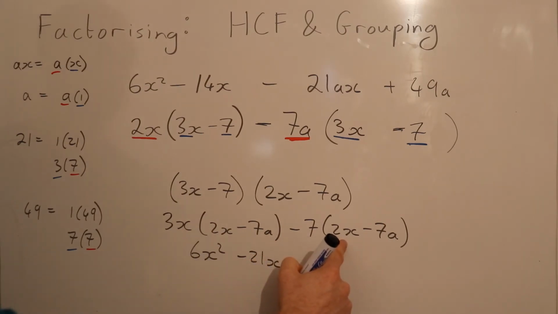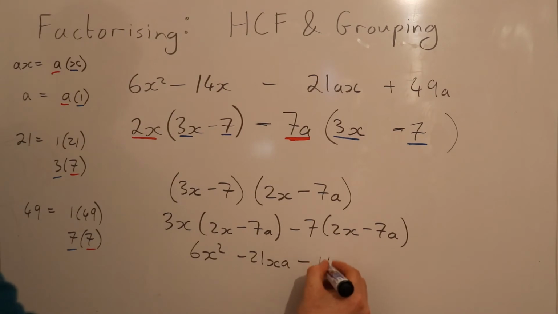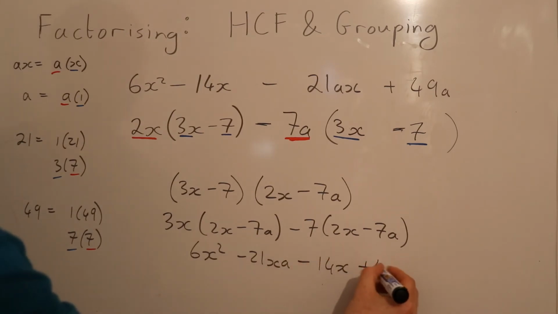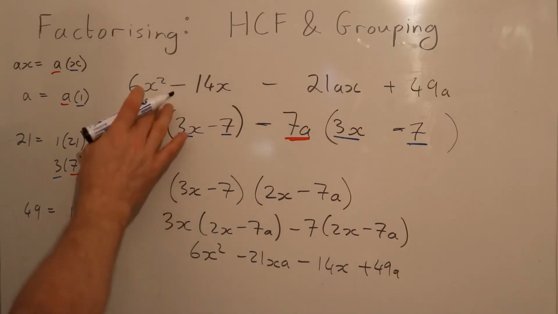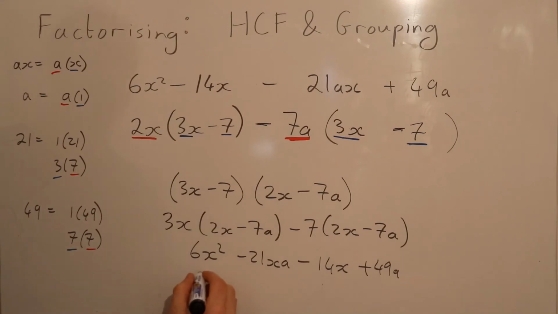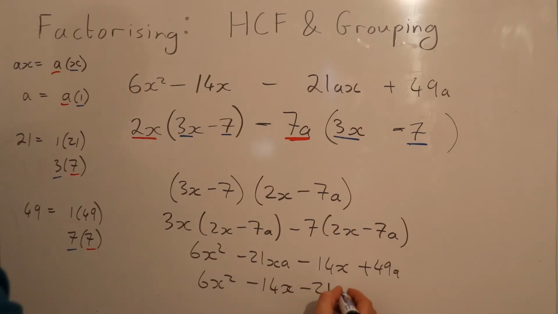Minus 7 here by the 2x. Minus 7 by this, minus is plus 49a. And this is the same as what we have above. The order got jumbled up a bit. You can rewrite the order if you want. Notice we can also change xa for ax, they're the same thing.